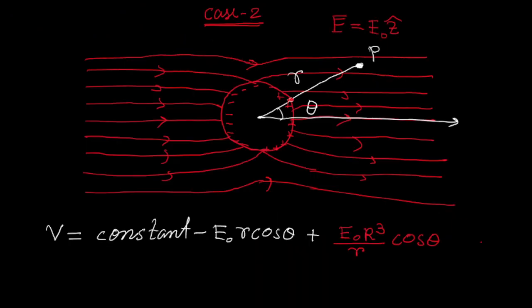And now what we have to do is calculate the surface charge density. So again, one can write this definition: if there is a local surface charge density sigma on the surface, then just outside, the electric field of this conducting sphere can be written as sigma by epsilon naught.